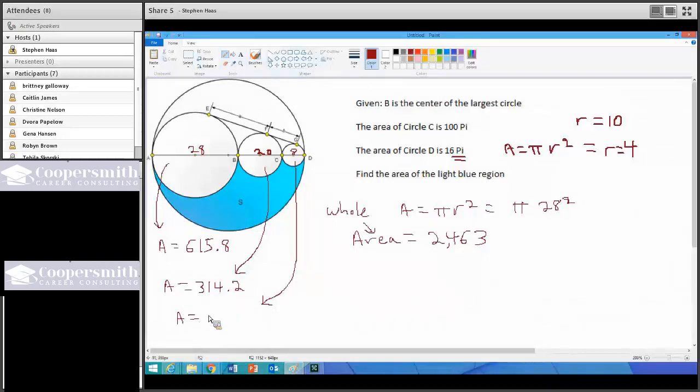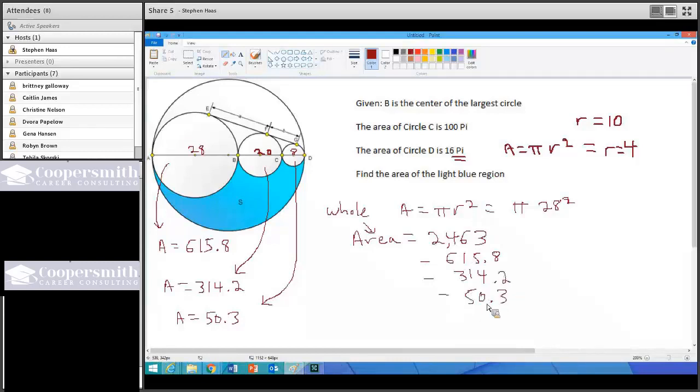50.3. Okay, so one thing we can do is take the whole area and subtract the areas of the little ones. So we're going to subtract 615.8, subtract 314.2 and subtract 50.3.